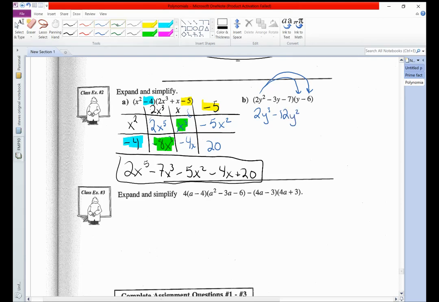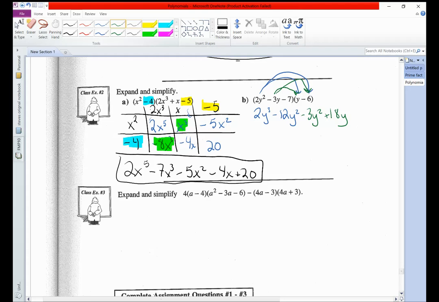squared. And then I'm going to multiply the next term of my trinomial by both terms in the following brackets. So negative 3y multiplied by y is going to give me negative 3y squared. And negative 3y multiplied by negative 6 is going to give me positive 18y.